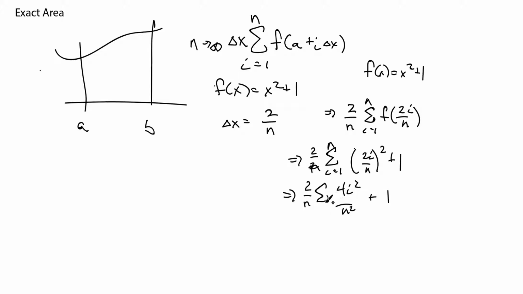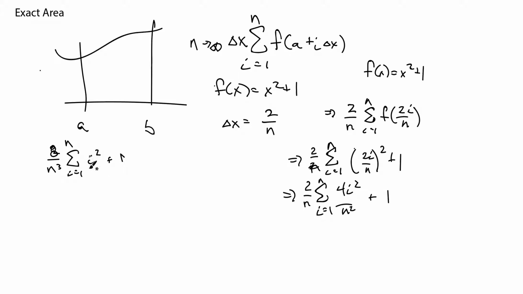Now, the only things being summed are the i's, so we were able to take that n squared out, and we have something like 2 over n cubed, with the sum still from 1 to n. Actually, I'll take that 4 out also, so we have 8 over n cubed, and I just have i squared plus 1.